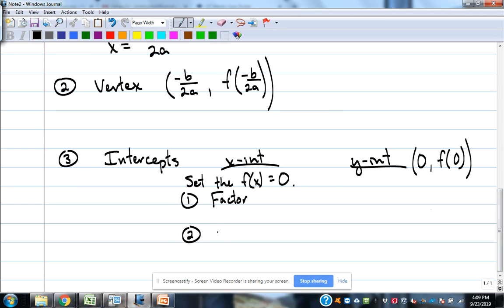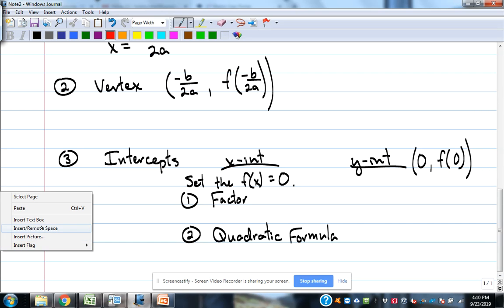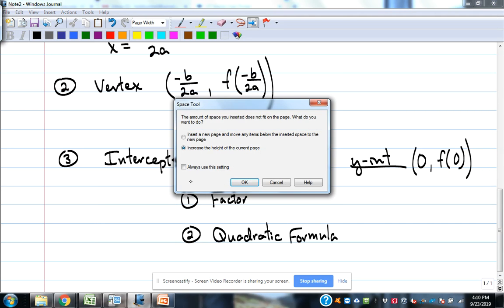And the other way would be with this thing called the quadratic formula. And the quadratic formula is nice because it works every single time. Factoring doesn't always work. Quadratic formula does, even if we have complex solutions or just numbers we're not as familiar with.